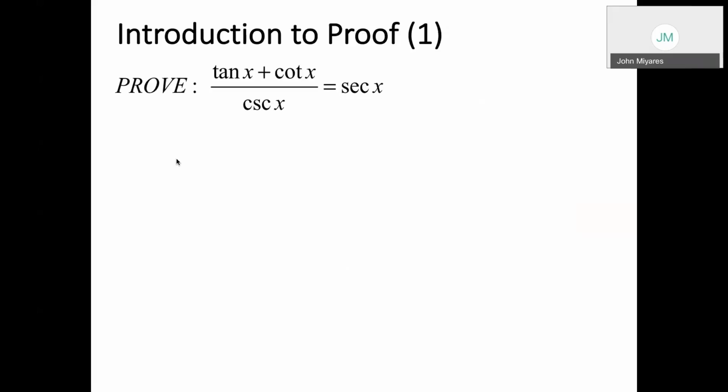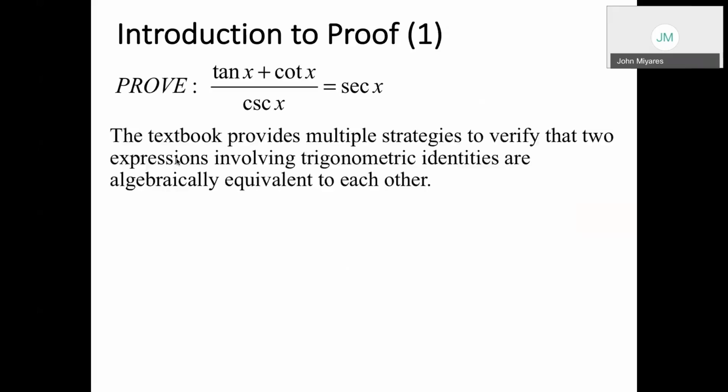But first, I want to talk about the fact that the textbook provides multiple possible strategies to verify that two expressions involving trigonometric identities are going to be algebraically equivalent to each other. But the reality is that not all of the strategies presented are going to be proofs in the mathematical sense of the word.